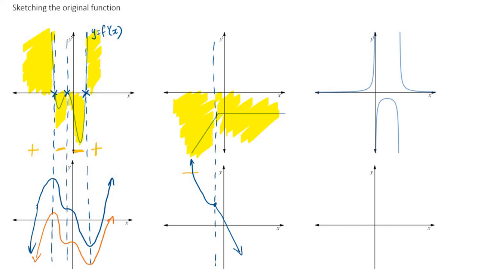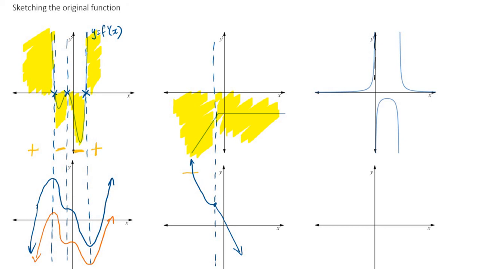We do not know where the graph sits vertically when we do the original from the derivative function. And that's because we don't have a point fixing it. So any functions that are vertical translations of each other will produce the same derivative. This has no stationary points.